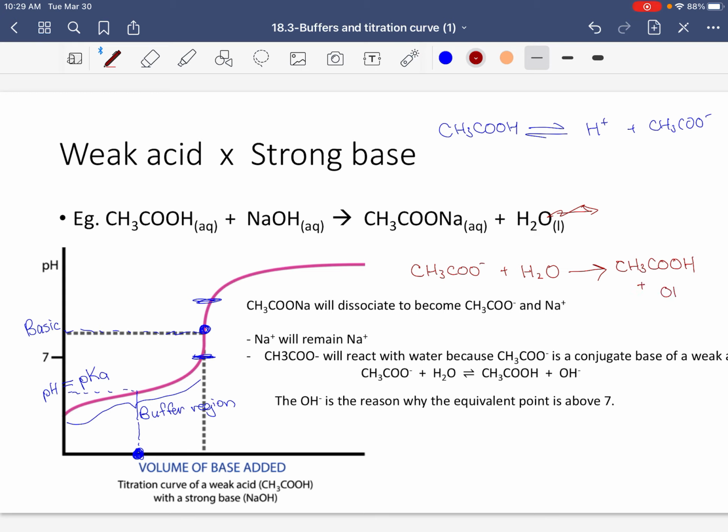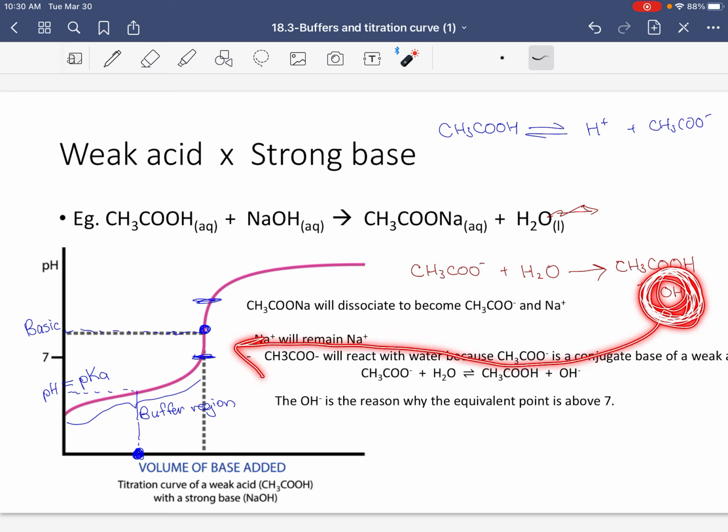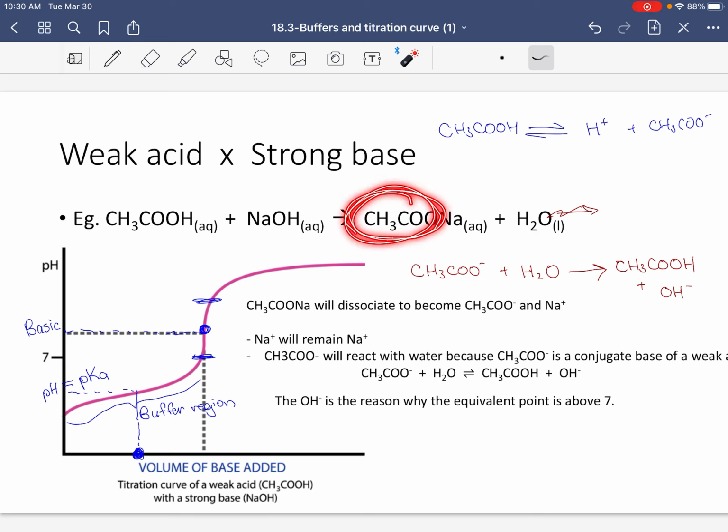By being a donor, you're making OH minus. So OH minus in this system causes the pH to rise. That's why this is not a pH of 7, because this has the potential of reacting with water to create OH minus, which makes the whole mixture basic in nature, which I illustrated right there.